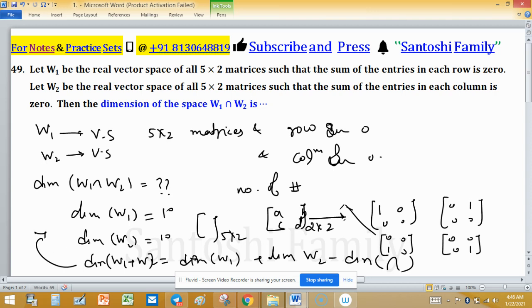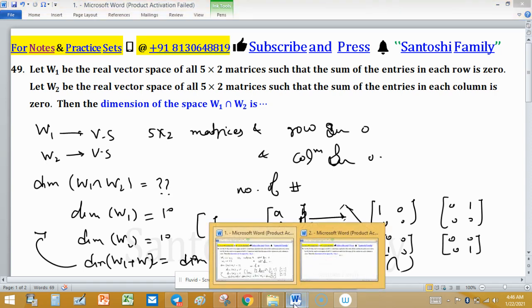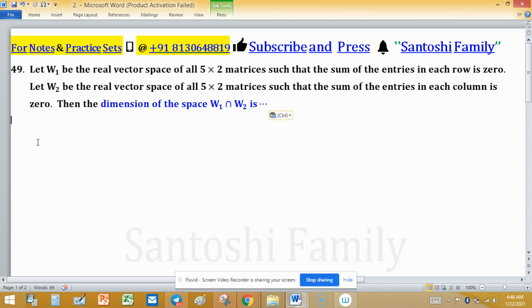The second method is to find the basis of W1 and W2, and find the common elements in their bases. That will give you the dimension of the intersection. But I am going to use another method.